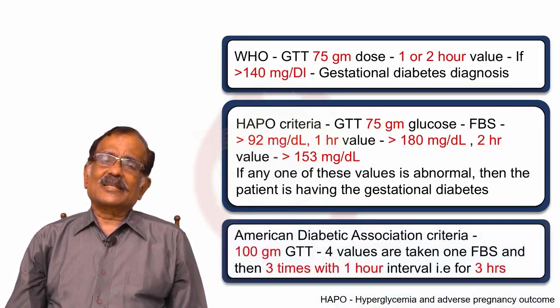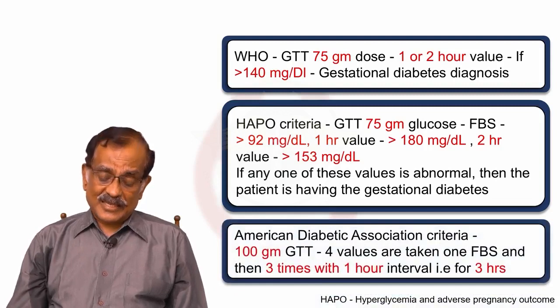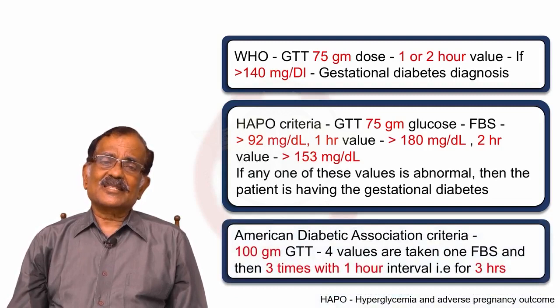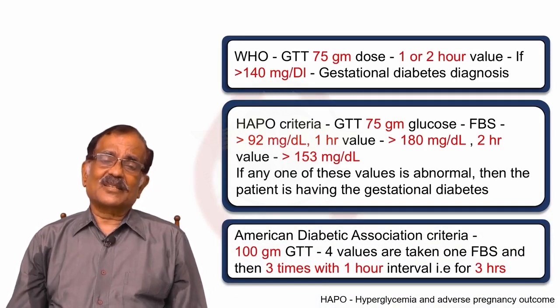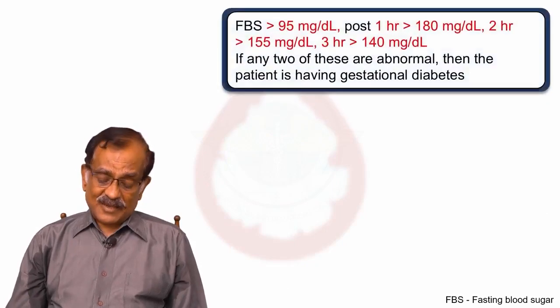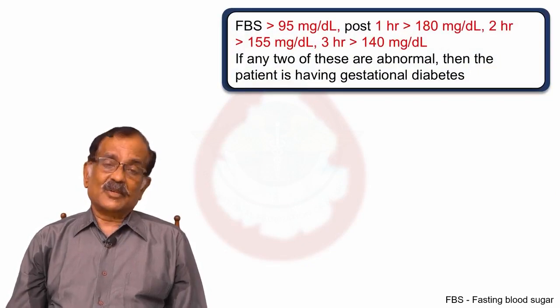Then lastly, we can look at the American Diabetic Association criteria. Here they advise 100 gram glucose tolerance test, and 4 values are taken, that is fasting, 1 hour, 2 hours and 3 hours. The fasting more than 95, 1 hour more than 180, 2 hour more than 155, and 3rd hour more than 140.